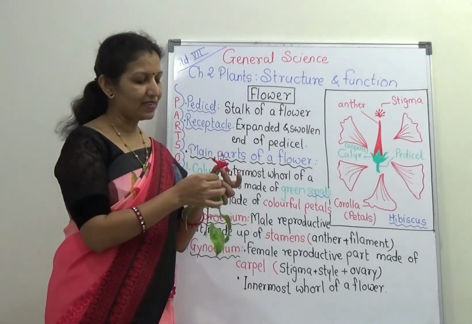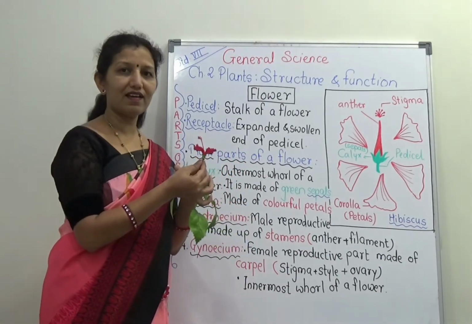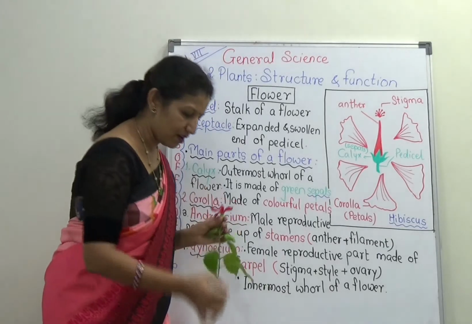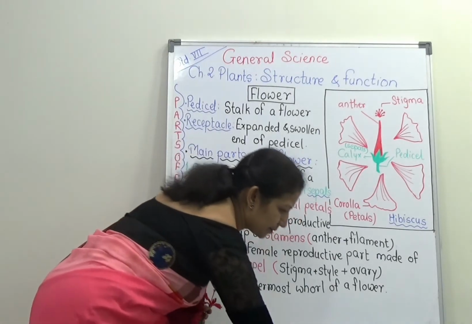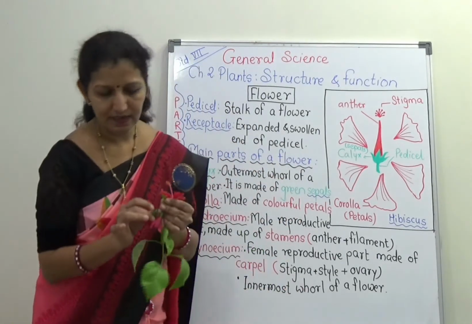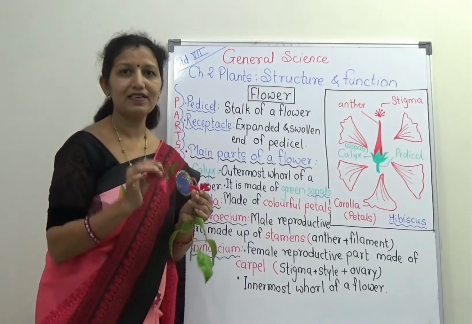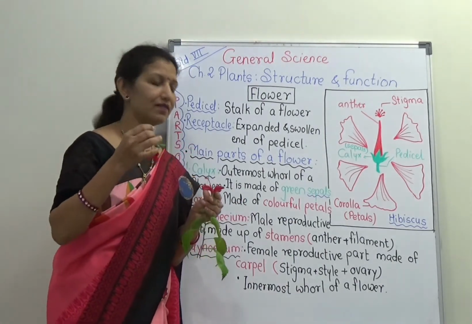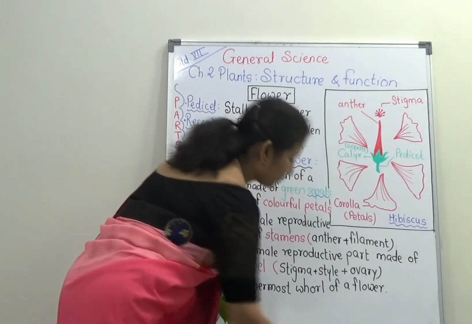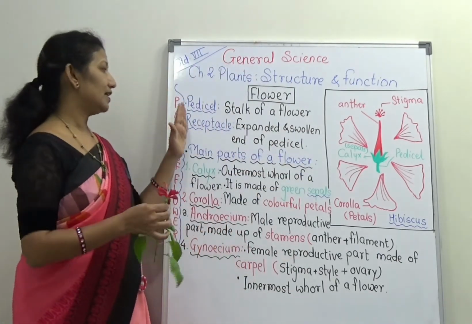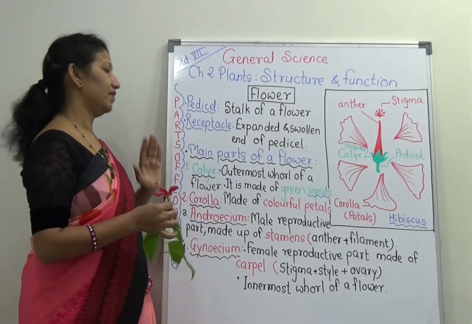So, the part that gives support to the flower is called receptacle or thalamus. Remember, this is an expanded, swollen and bulging part. If you take a flower of hibiscus, see, here you can see the bulging part that is at the base of the flower. Now, these are two organs of flower.